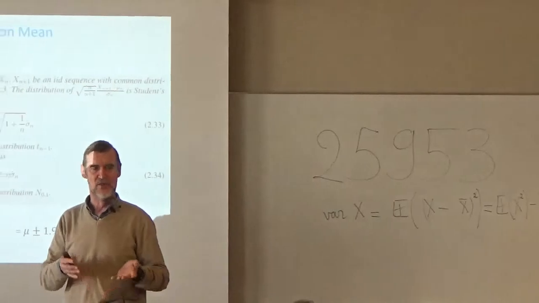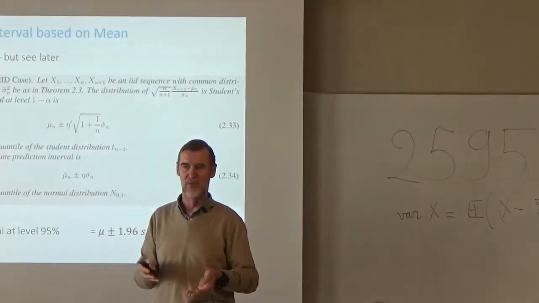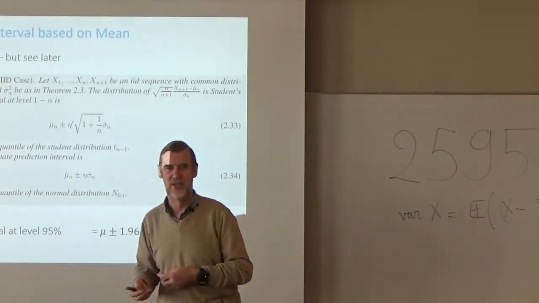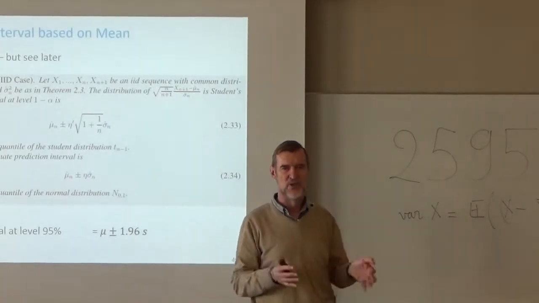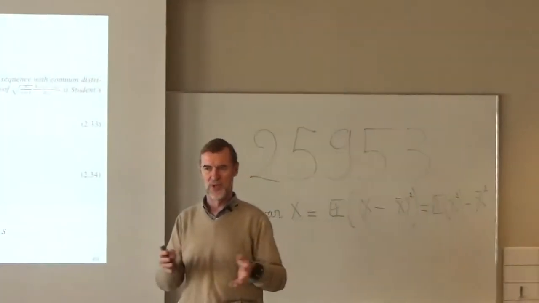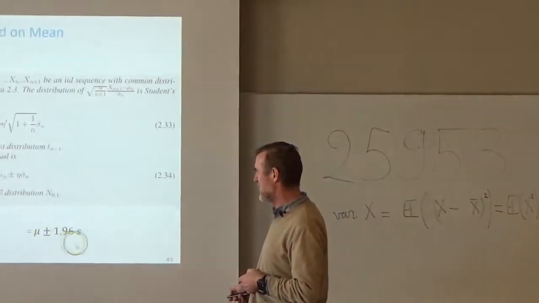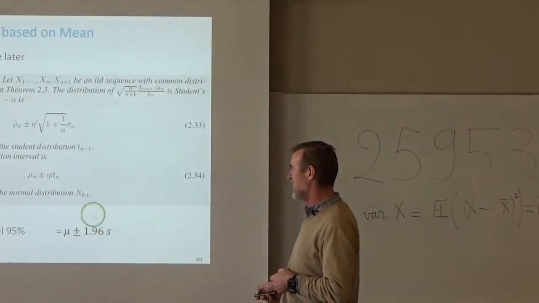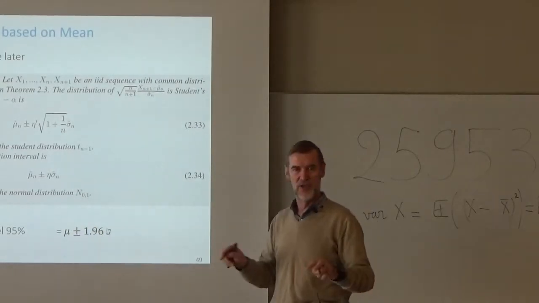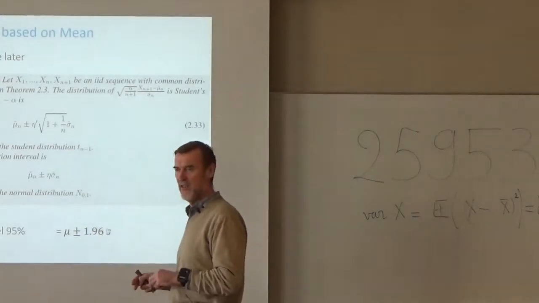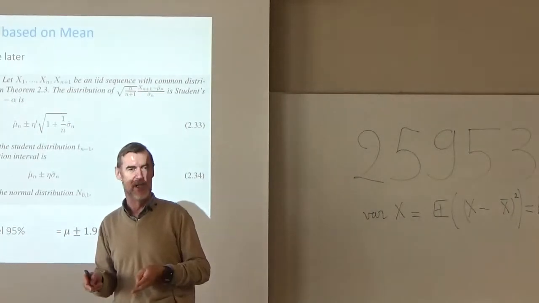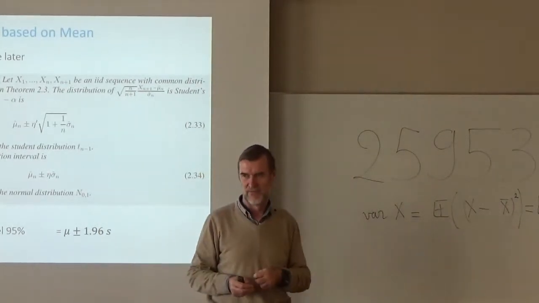Well, I estimate mu and sigma by taking the sample mean and the sample variance. And we know there is some uncertainty around it, and we know how to quantify this uncertainty. But if we apply this formula with mu and sigma being itself uncertain, that means we should add a safety margin around it to account for the fact that our parameters themselves are uncertain.